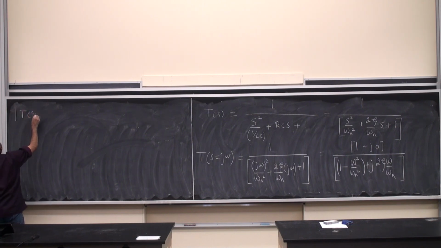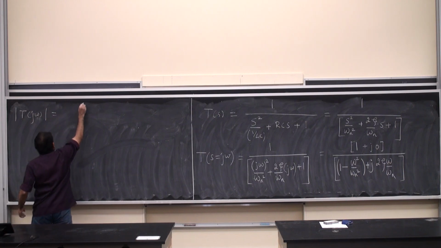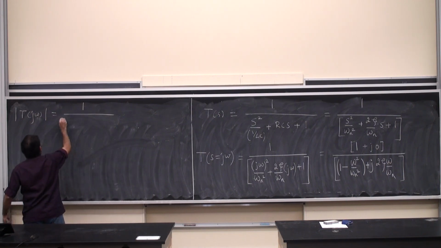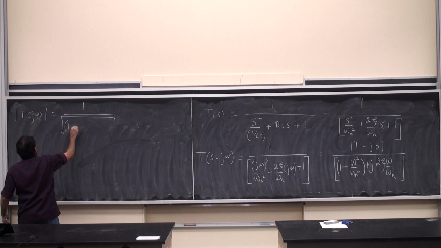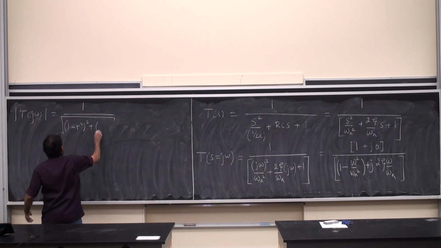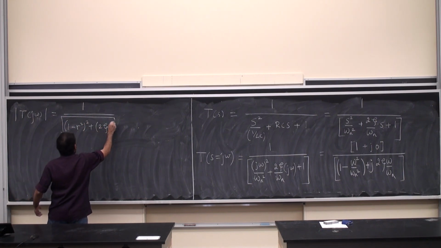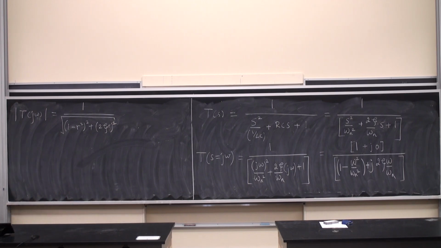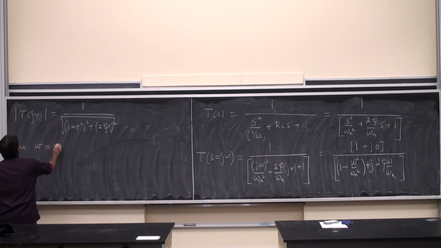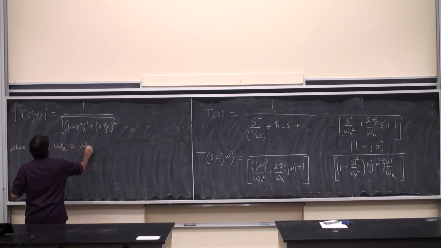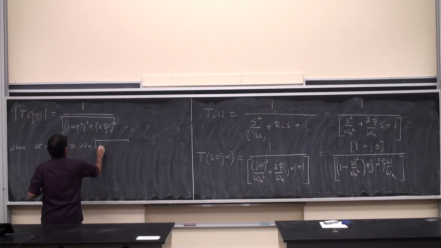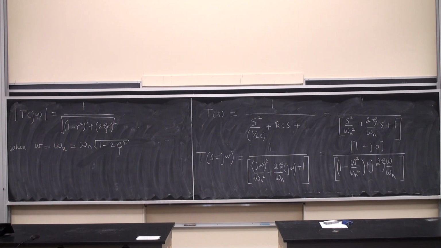The story is this guy is 1 minus r square whole square plus (2 zeta r) whole square. This is the magnitude of the frequency response function. When omega is equal to omega r, which is omega n times the square root of 1 minus 2 zeta square, the magnitude of the frequency response function becomes a maximum.